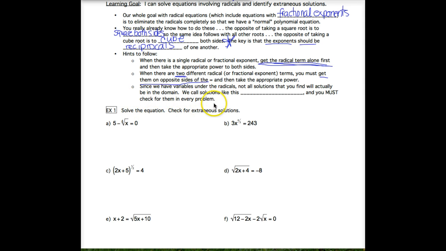So once we find solutions, we have to check them. We call the solutions that don't work extraneous solutions. You have to check for them in every problem. So after you solve, you have to check every single time, because if you find an answer and it's really extraneous, yes, you lose points for not crossing it out, for not knowing that it's not part of the domain.